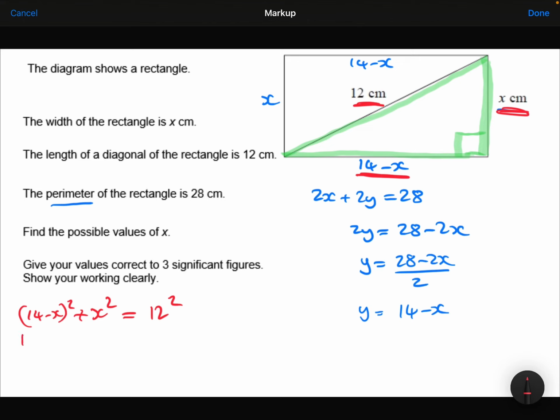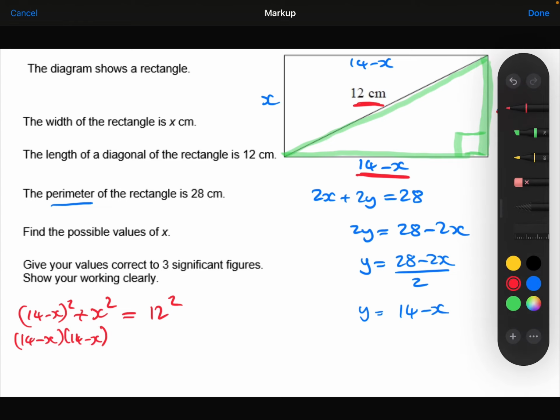Right, let's expand these brackets. So we've got 14 minus x times 14 minus x. The 14 times 14 is 196. The 14 times the minus x is minus 14x.